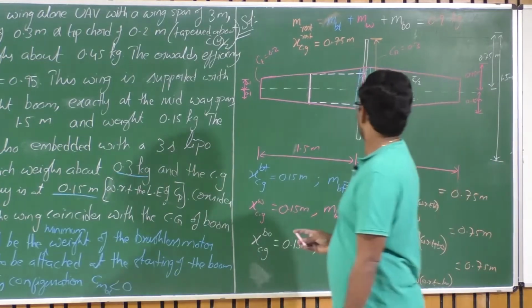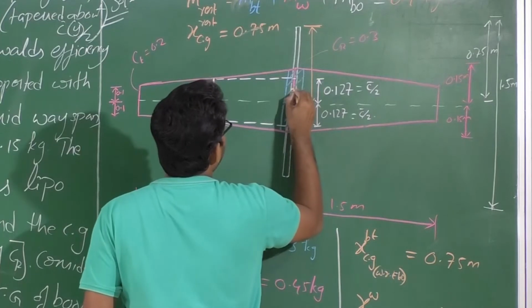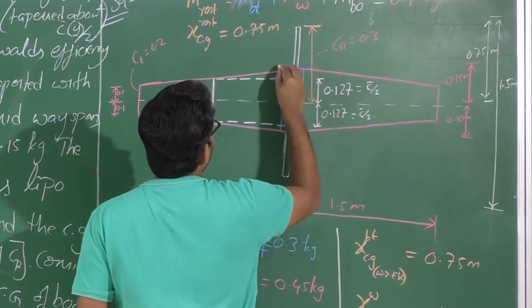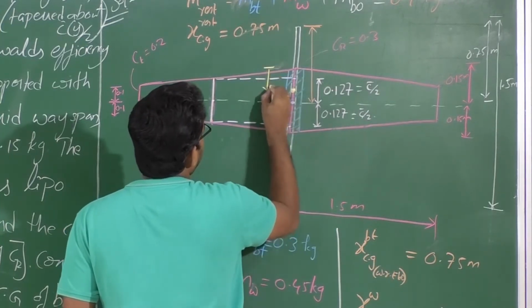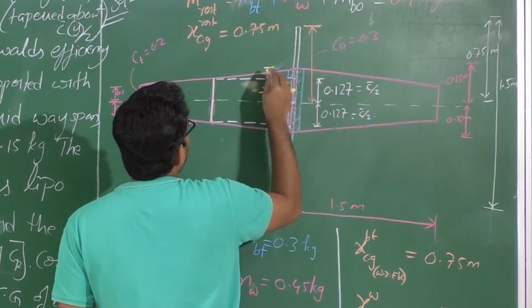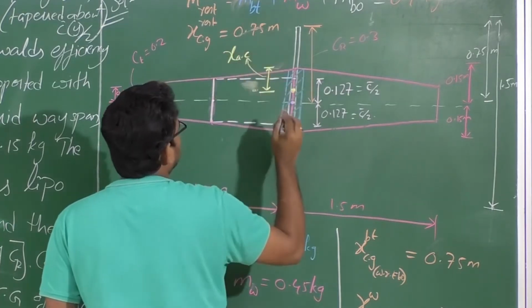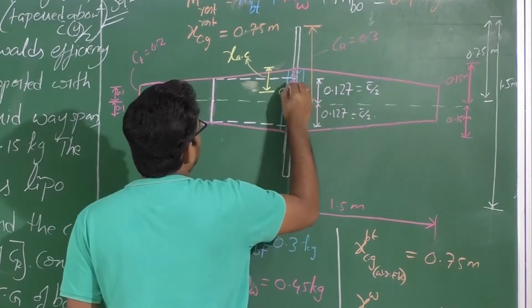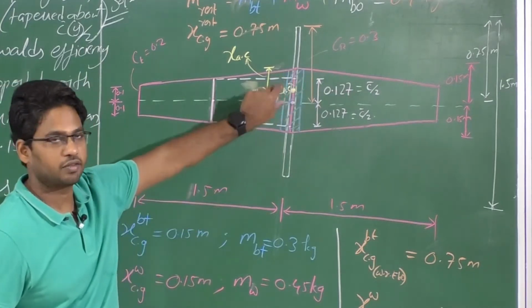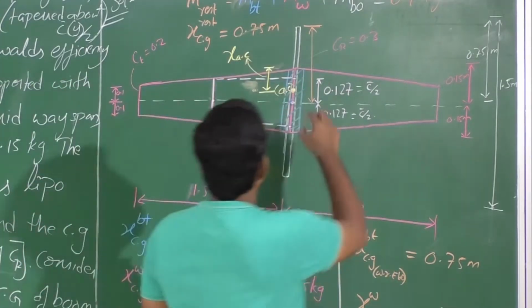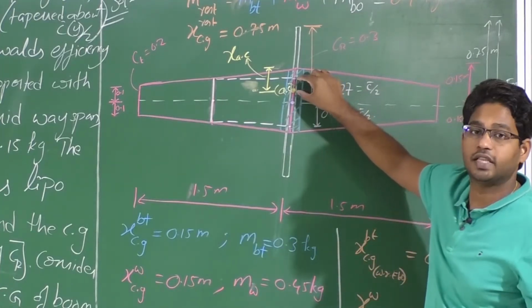I know the aerodynamic center, XAC, is at a certain point. This yellow point is my AC, and we know it is at C bar by 4 with respect to the leading edge of the C bar.